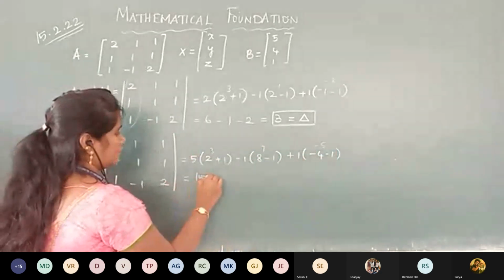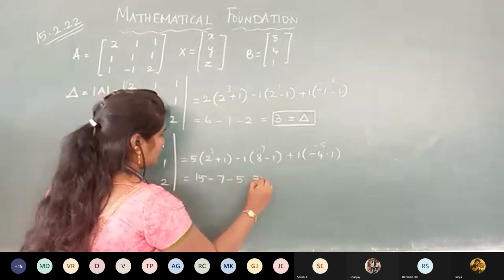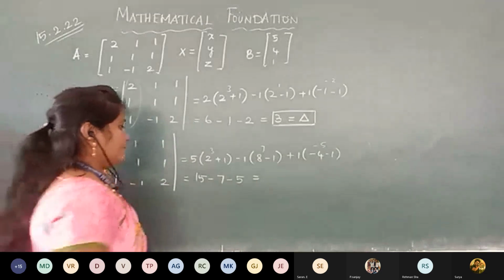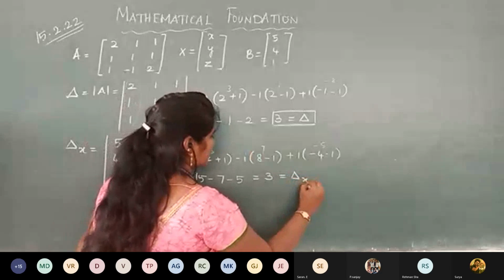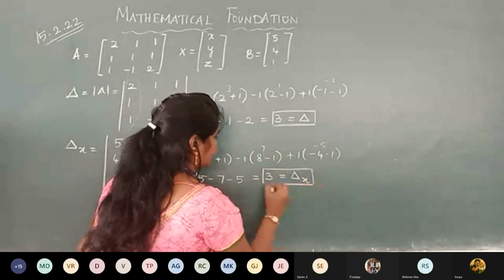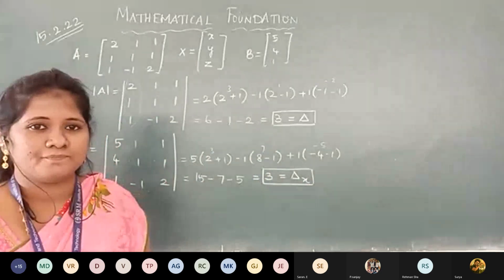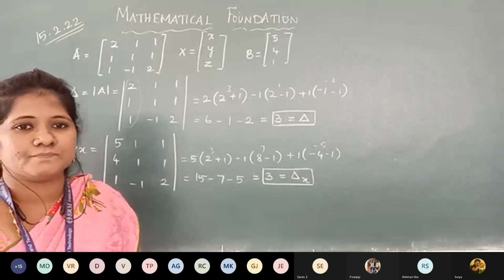So it will be 15 minus 7 and minus 5. Here also we get 3. That is your delta x. Are you getting delta x to be 3?